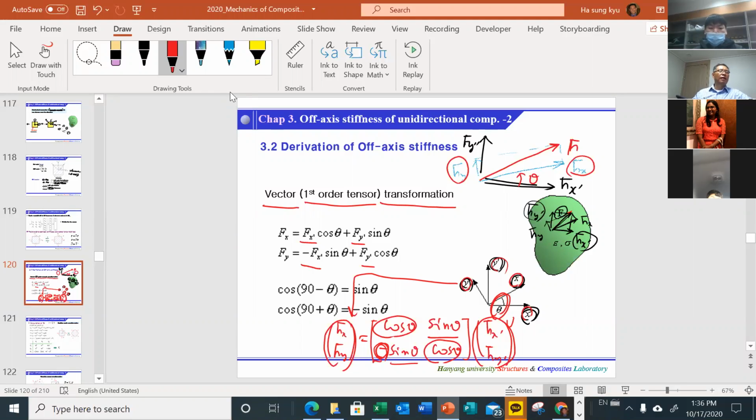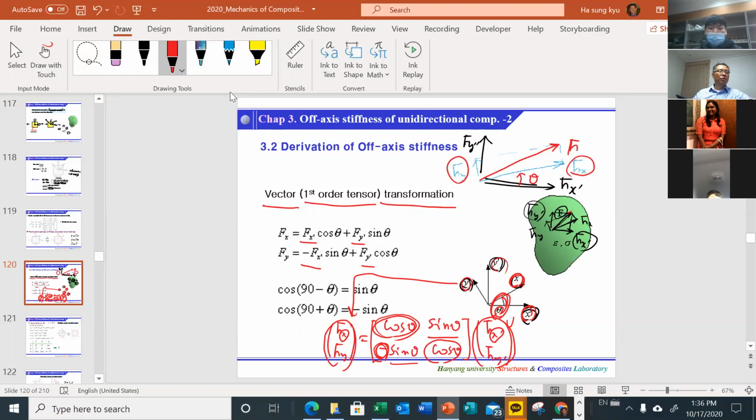In fact, the easy way to understand is that here is x and here is x prime. What is the angle between x and x prime? Well, theta, and so cosine theta. It is always the cosine of the angle.